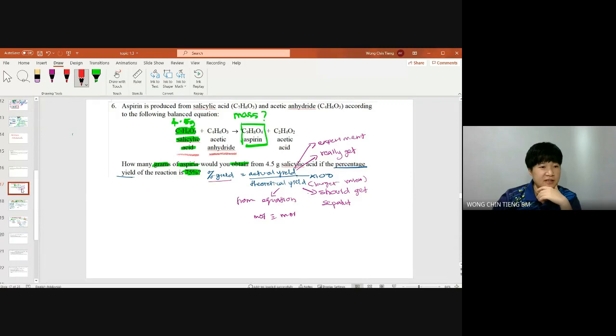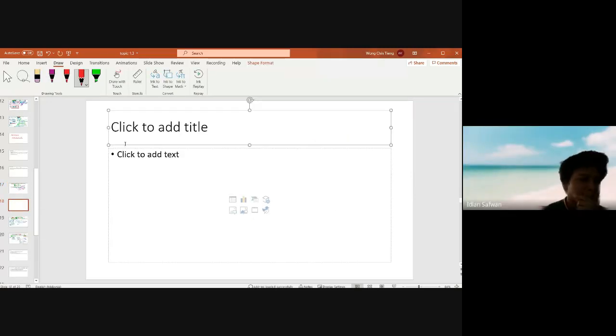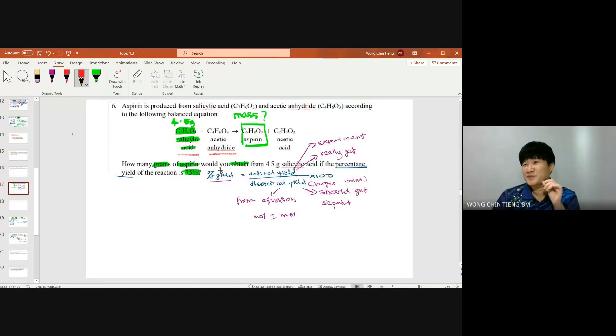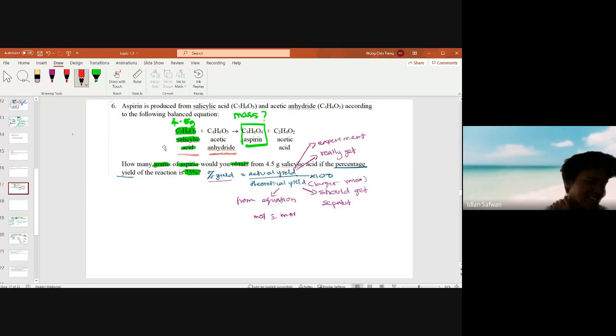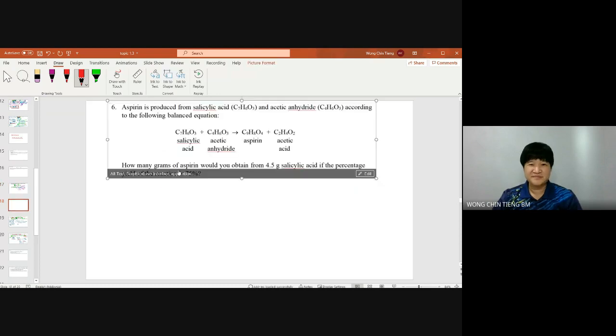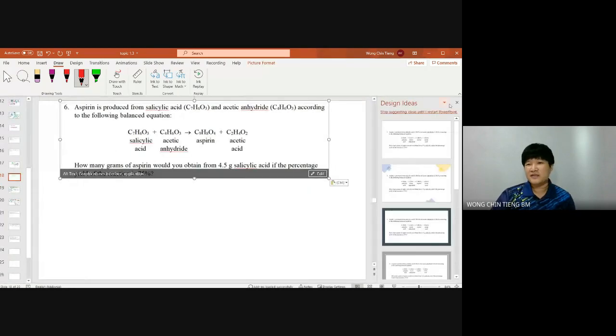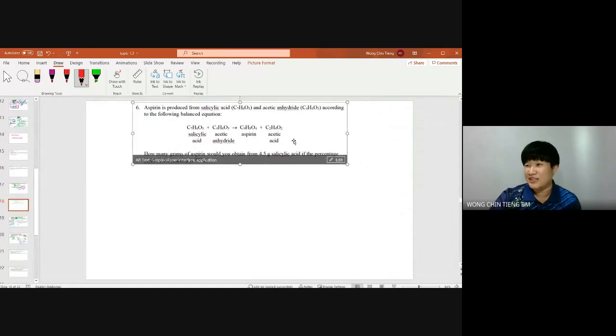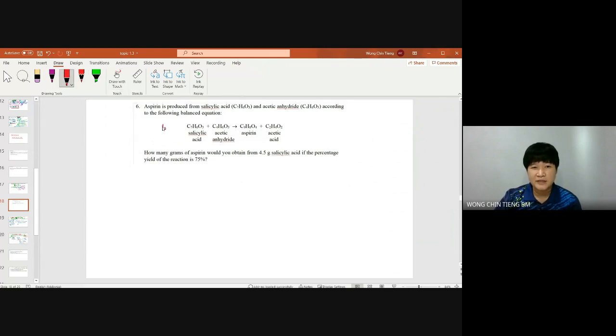Kenapa Safan salicylic jadi limiting? Sebab saya kira dapat jawapan sama dengan Miss. Lebih kurang. Yes? Why salicylic is a limiting? Yes, correct. Sebab jawapan kamu dah betul kan? Betul Safan? Jawapan dah betul mesti betul ya. Confirm dah. So why salicylic is a limiting over here?